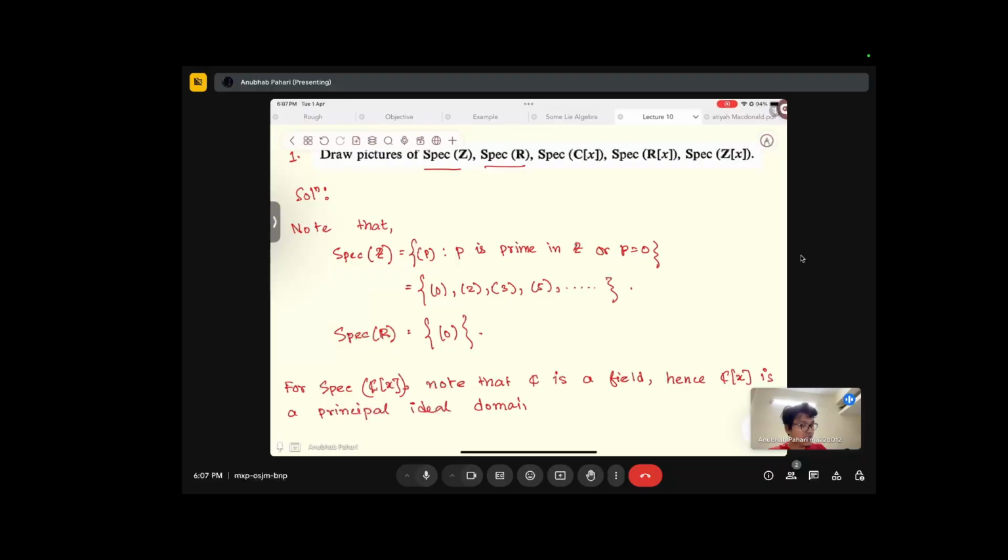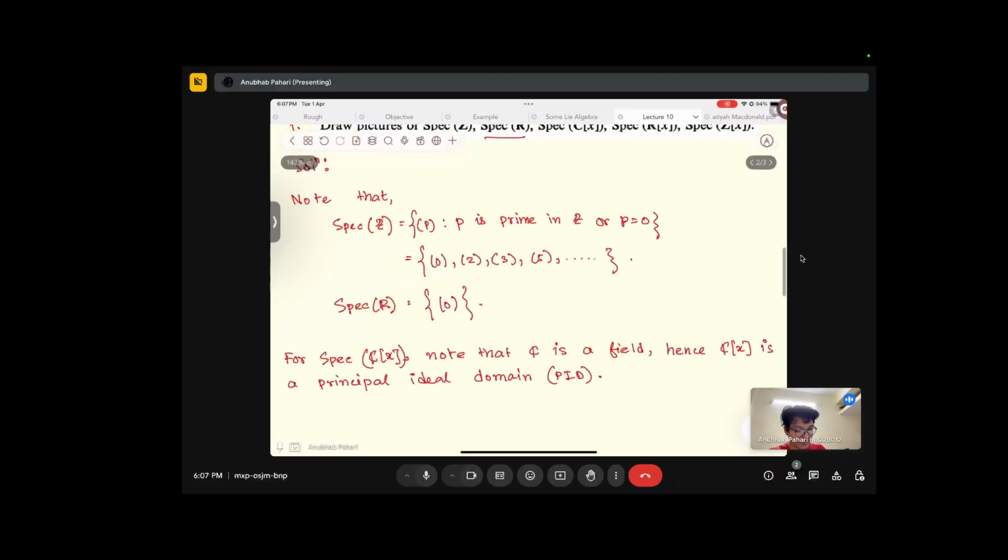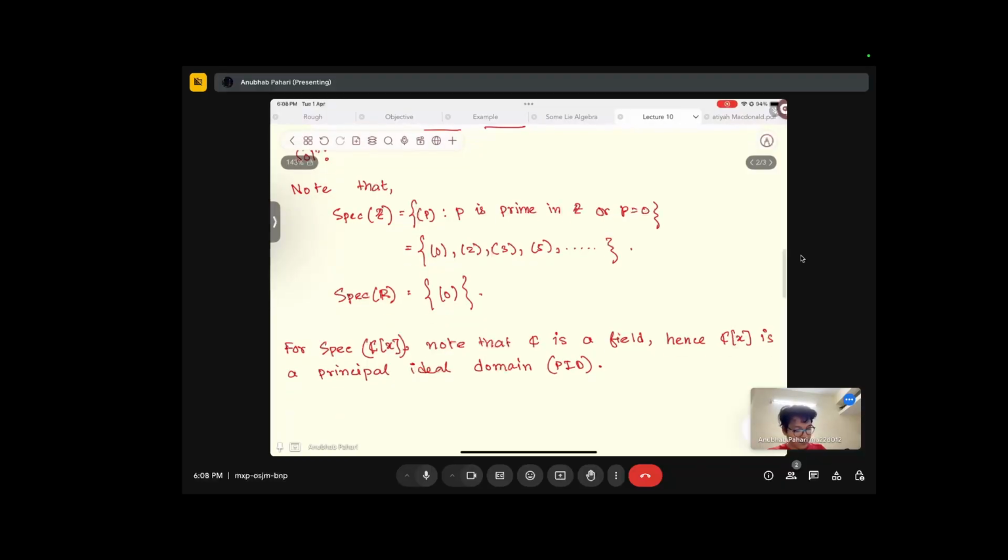That means it is a PID. So later on I will denote this as PID. Thus, let A be a prime ideal, right?